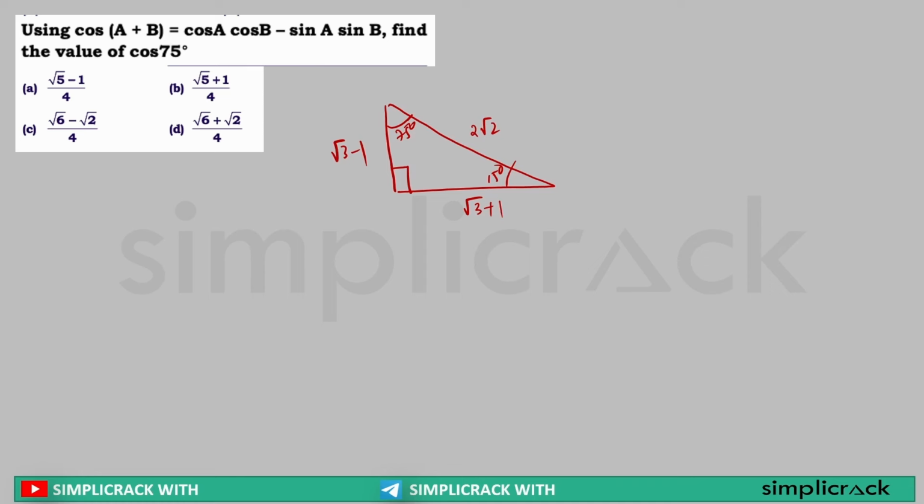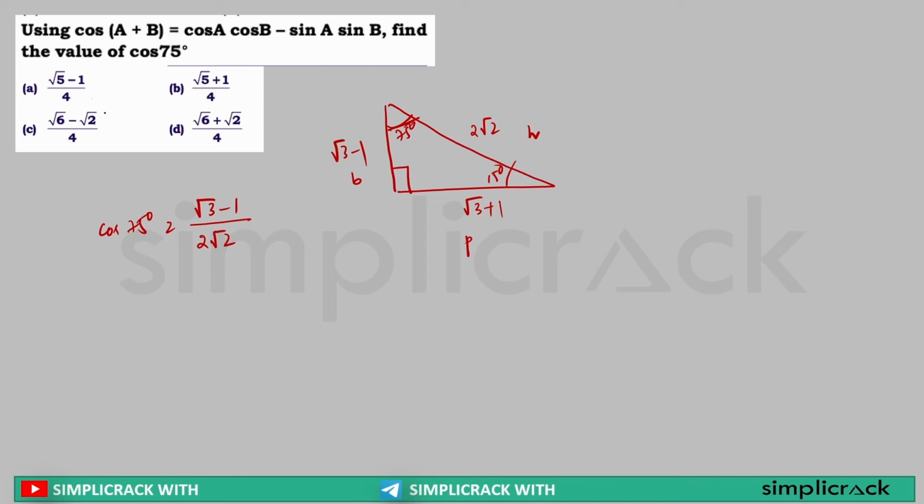Clear. Now it is asking about cos 75 degree. If it is asking about this angle, this will be P, this will be B, this will be H. So cos 75 degree is equal to B by H. That means root 3 minus 1 by 2 root 2. Yes or no? Yes, sir. Now root 3 minus 1 by 2 root 2 is not in the option. So what to do?